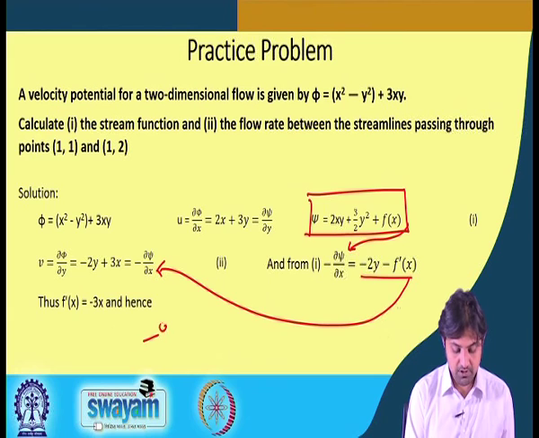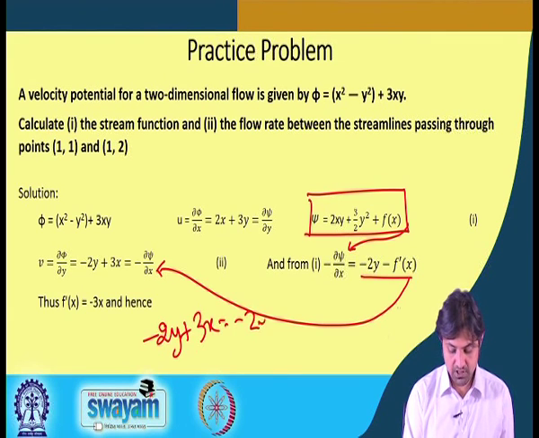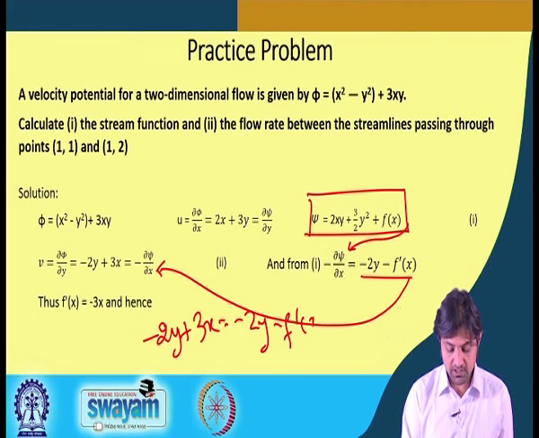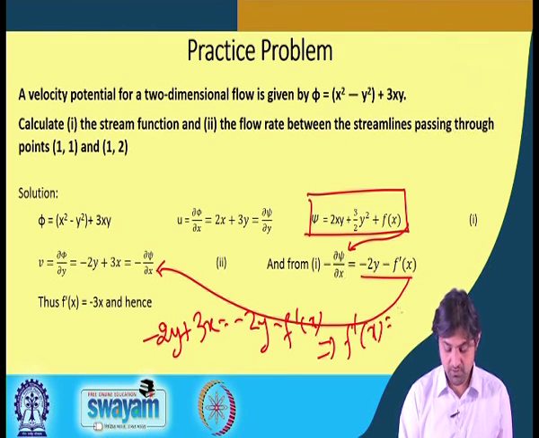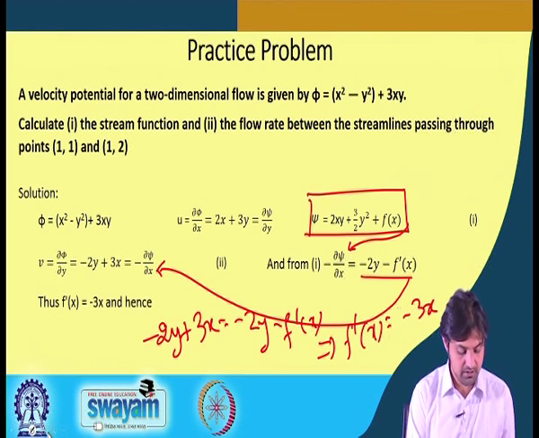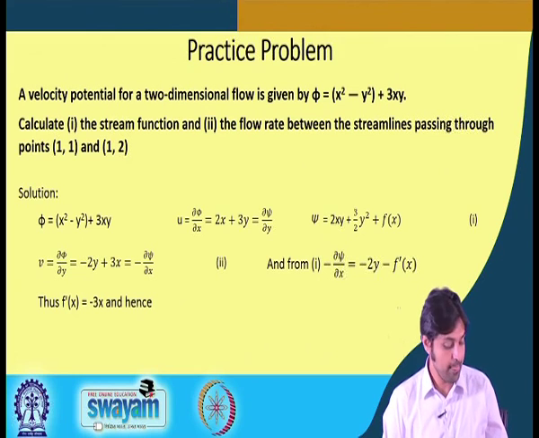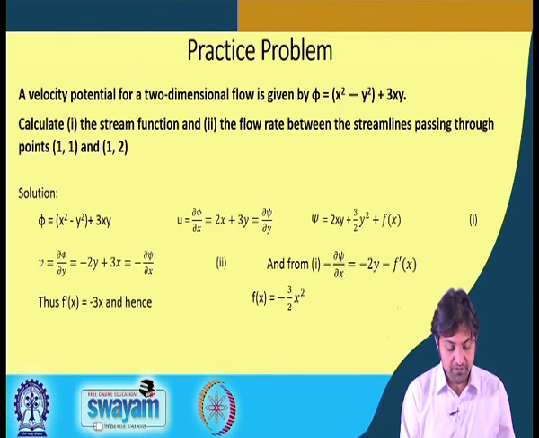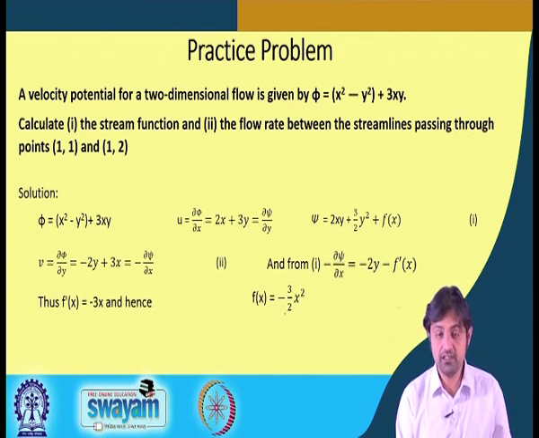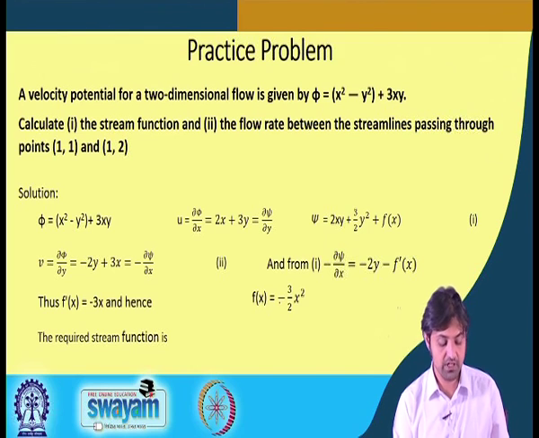Here minus 2y plus 3x was equal to minus 2y minus f dash x. Therefore, f dash x became minus 3x. There are two different ways, the other way was also fine. Because we obtain f dash x, f x is minus 3 by 2 x square.